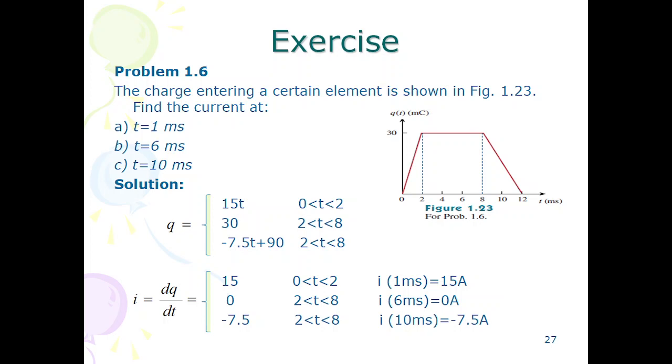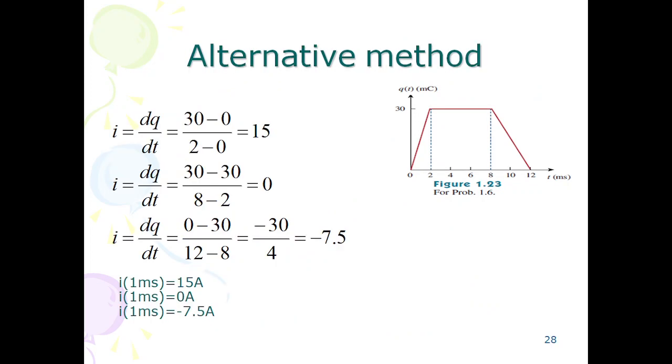The minus 7.5 value is from 8 to 12, so the current at 10 millisecond is minus 7.5 ampere. Now we have an easy method to find out these equations. No need to find out the equation by the two-point form or a straight line equation. Just we have to use i equal to dq over dt, change in q divided by change in t.